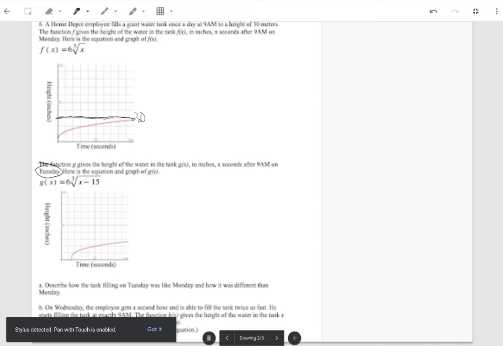So this is Monday. This is Tuesday. And you can see it's still filling to a height of 30 meters.